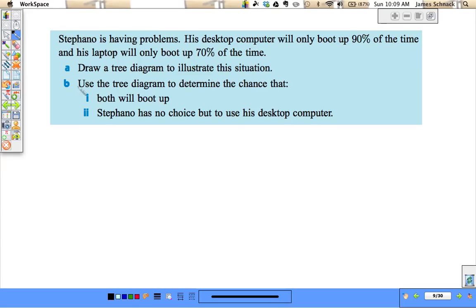So we're going to draw a tree diagram to illustrate this situation. What I'm going to say is C is going to be computer works. And L, laptop works. And by works, I mean it boots up.